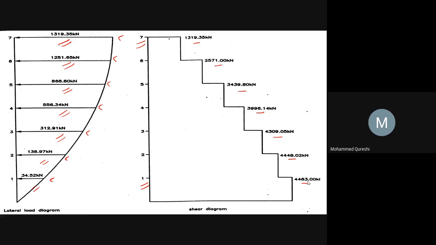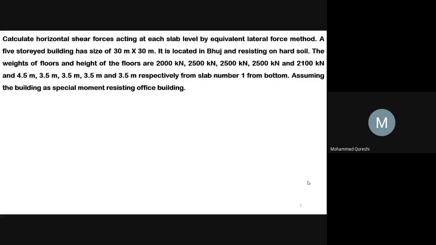Now we will go for another example. In this example, it is given that we have to calculate the horizontal shear force acting at each slab level by the equivalent lateral force method.